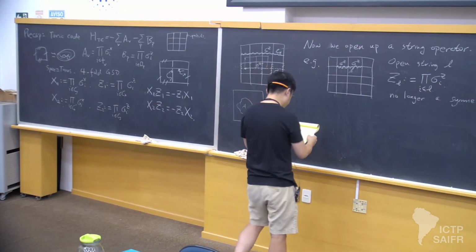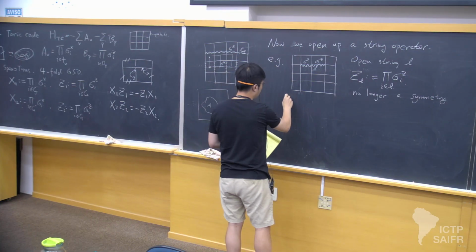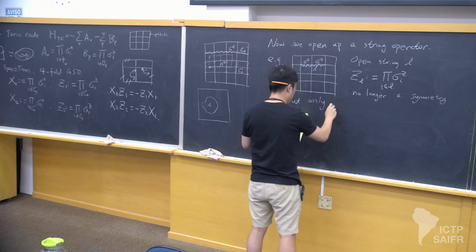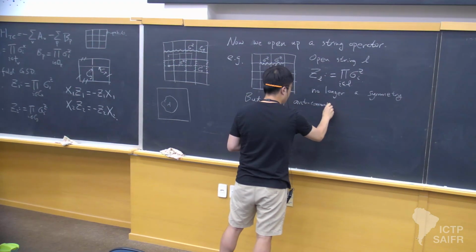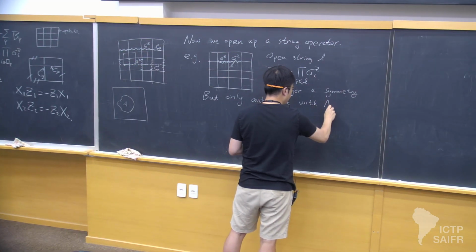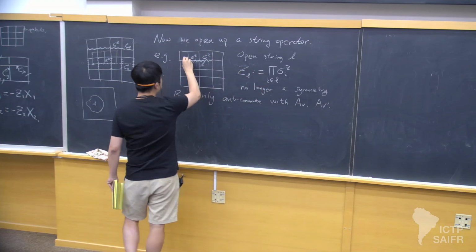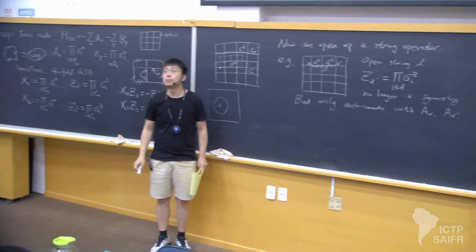So basically, this operator only anti-commutes with A_V and A_V', where V and V' are the two endpoints of my open string.